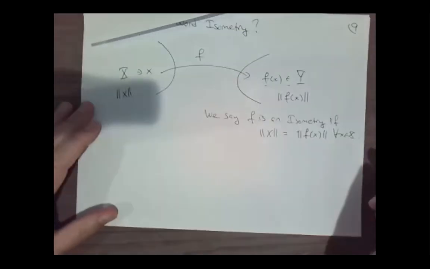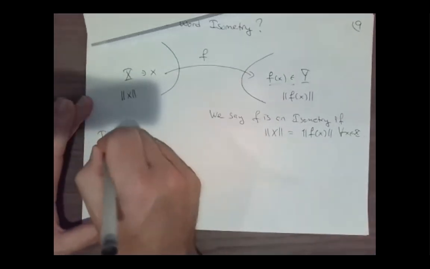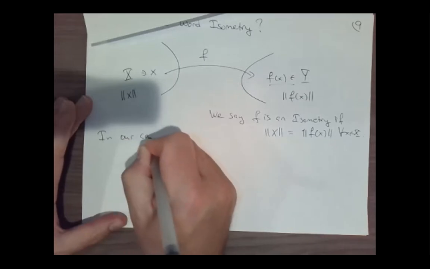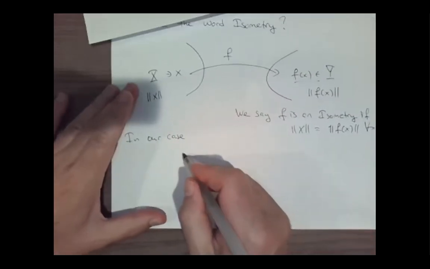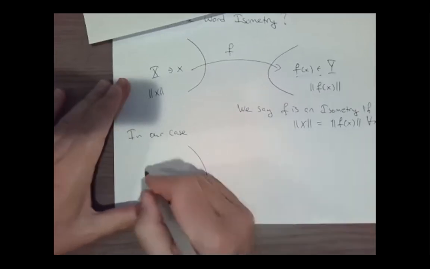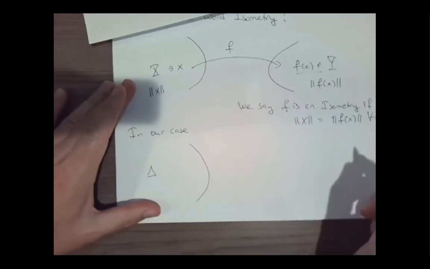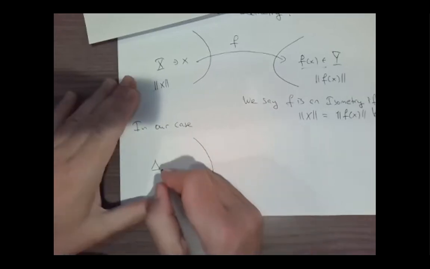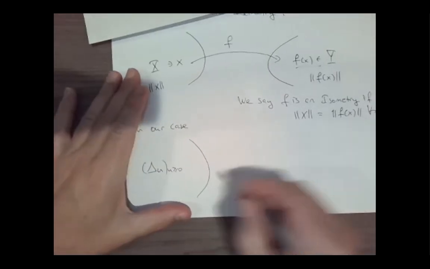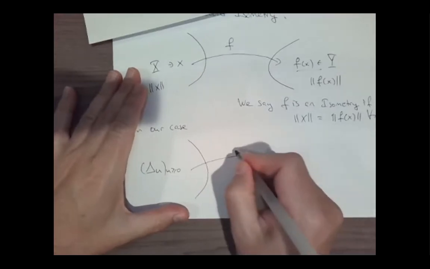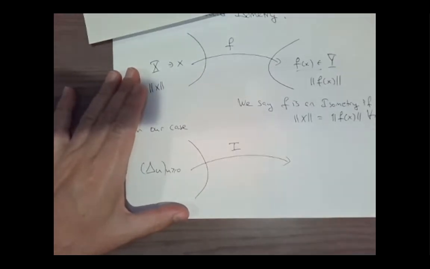So in our case, it's a bit more messy, because what I'm measuring over here is my object, this delta. The thing that I map with is my I operator.